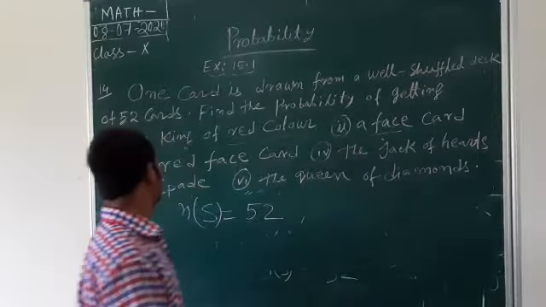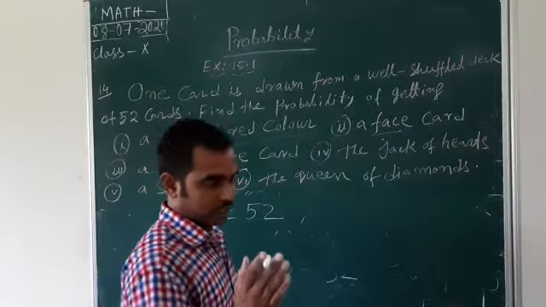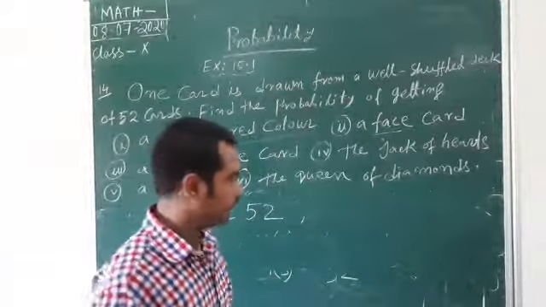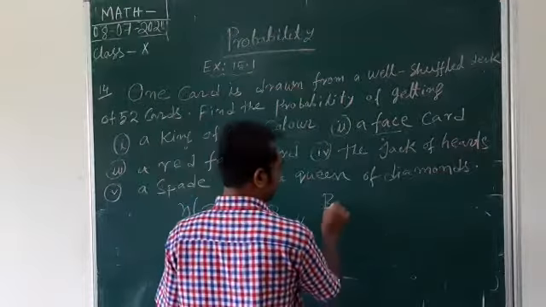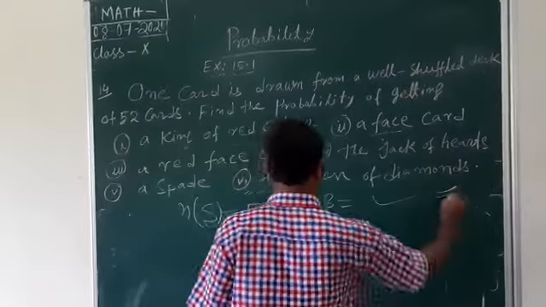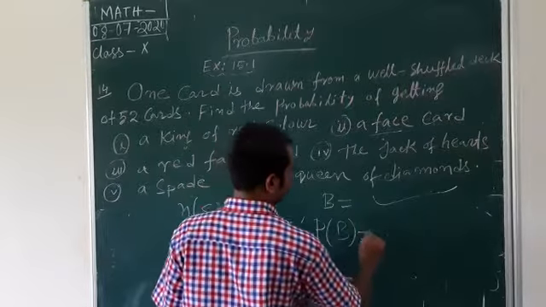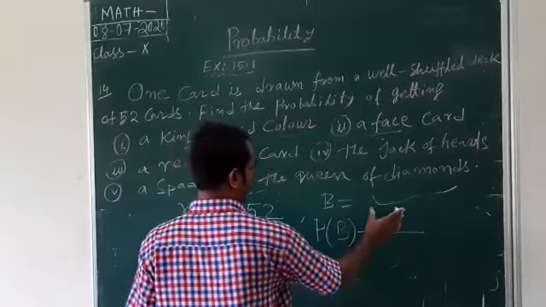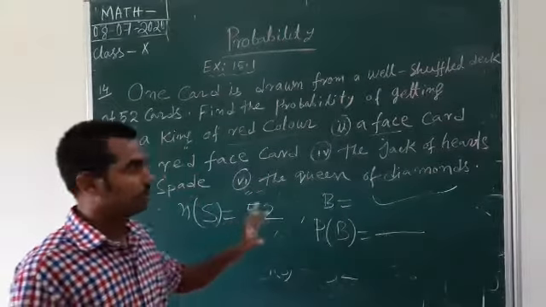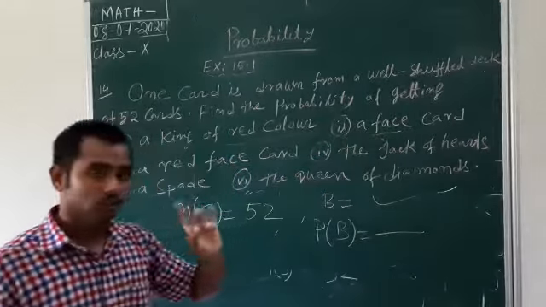Next, a face card. How many face cards? 12 face cards, 6 face cards of red and 6 face cards of black. Let another event B be getting a face card. So the probability of B equals the number of elements of B over 52. No color is mentioned here, so 12 face cards.